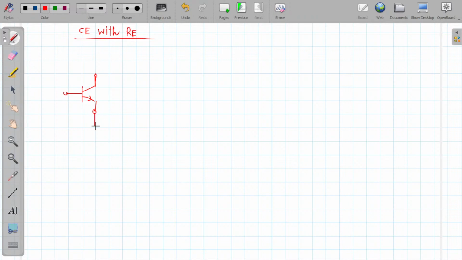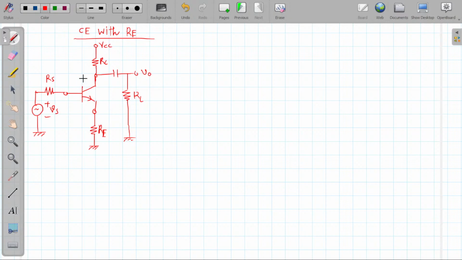Here there will be an emitter resistance, and the name is RE. In the collector there will be an RC resistance and a DC supply VCC, and in the base there will be a source resistance RS, and in series with that there will be a VS. So this is the VS source, and the output will be taken from this point, and there will be a load impedance here. So this is the RL and this is V0.